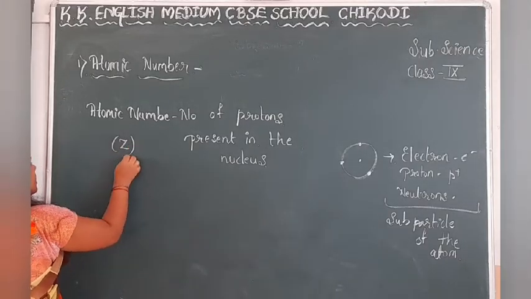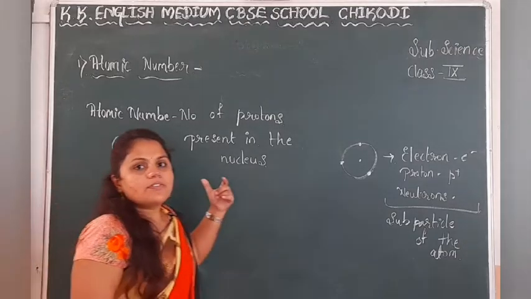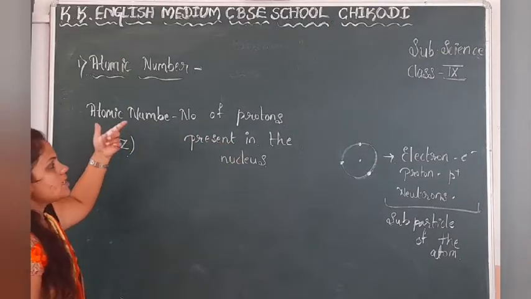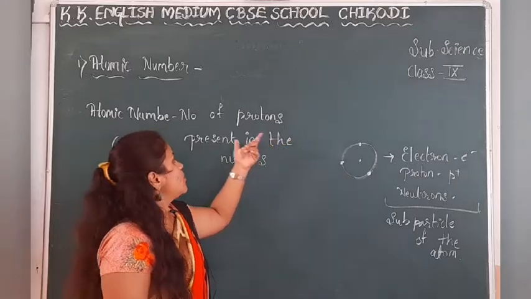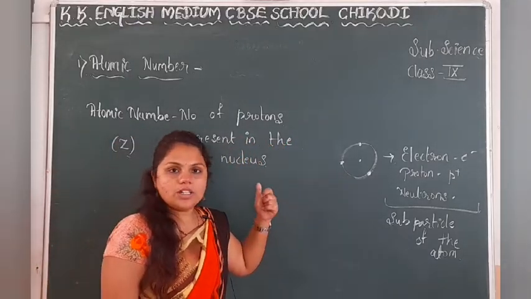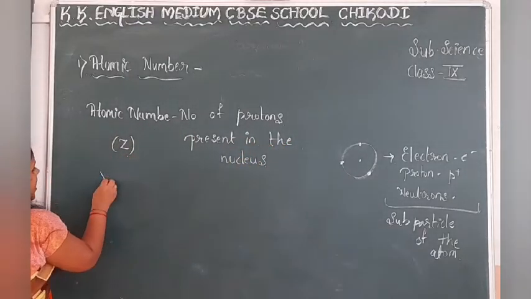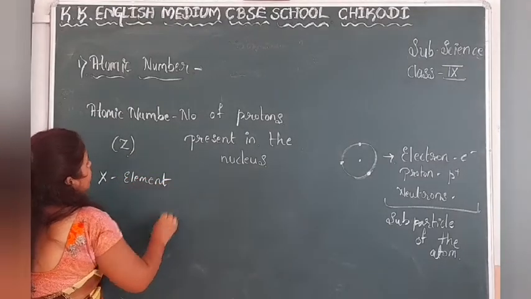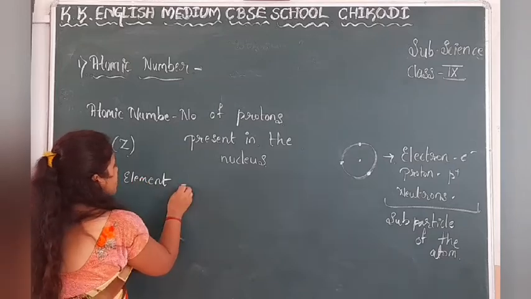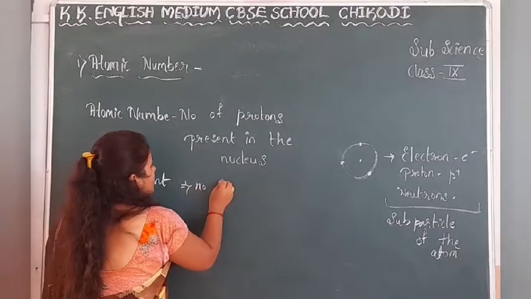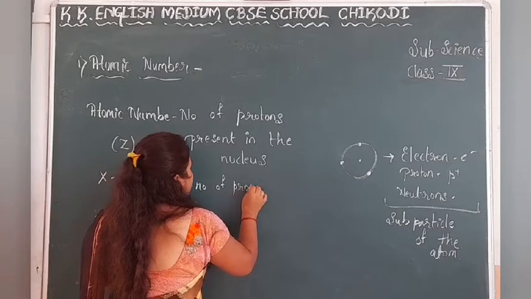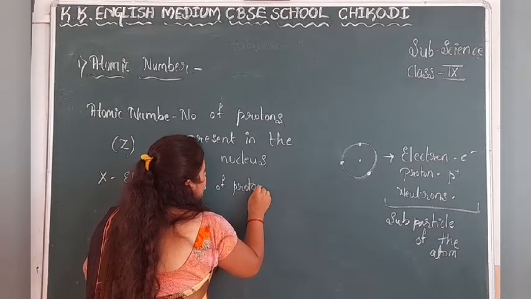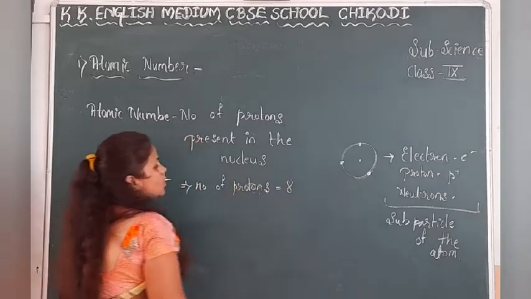Also, atomic number is denoted as Z. Okay? So what do you mean by atomic number? It is nothing but the number of protons present in the nucleus. Suppose X is any element and the number of protons is equal to 8.